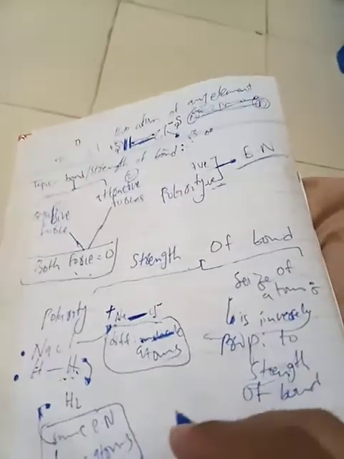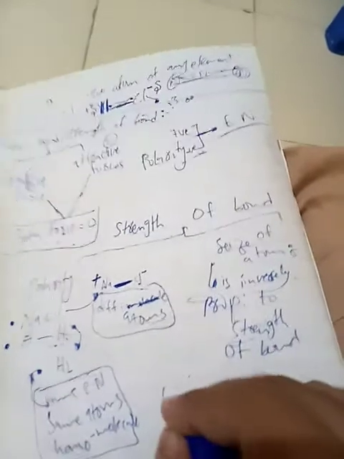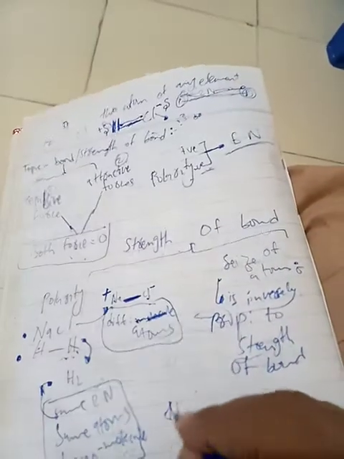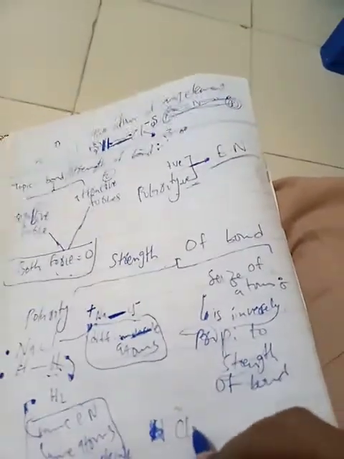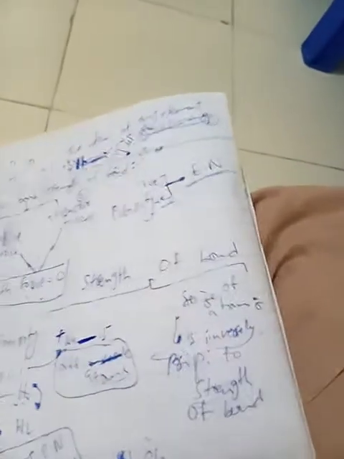For example, here we have a group 7 element, Cl2, and for the second one, let's look at fluorine.